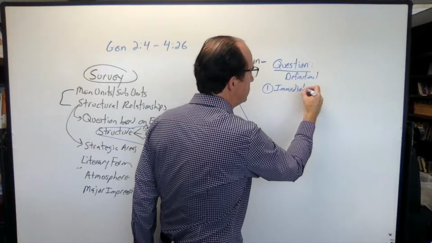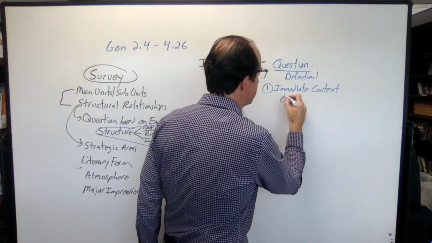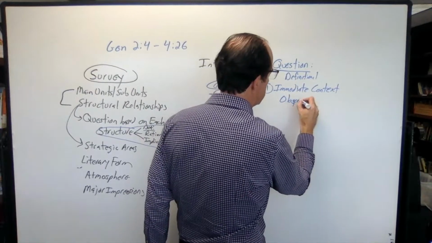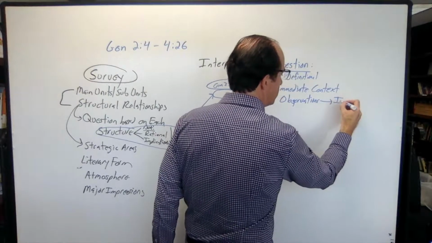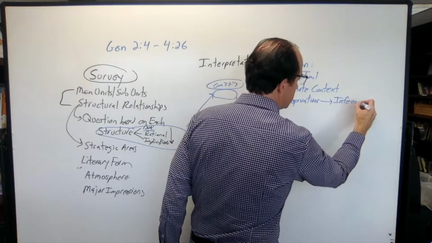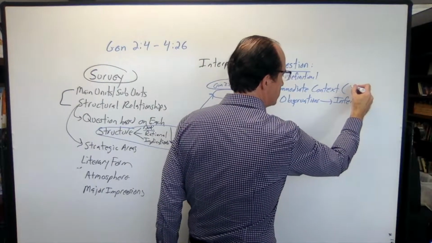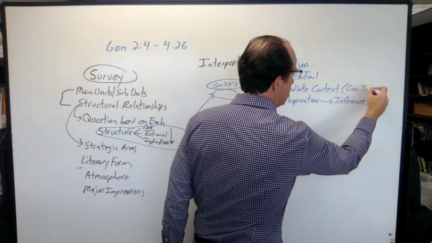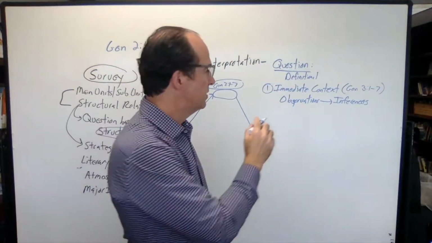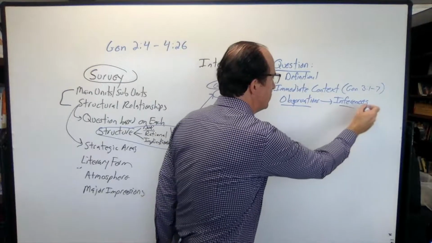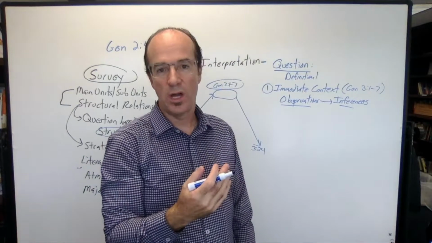So the first thing I would do is begin doing observations and inferences from the immediate context. Here in this case, this would be Genesis 3:1-7. And you're going to make observations from here and inferences that would help you to answer the interpretive question that you've asked.